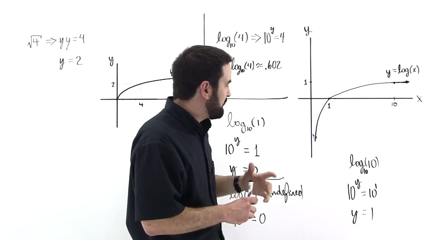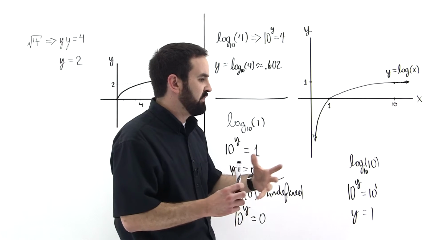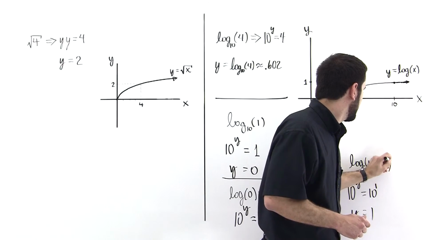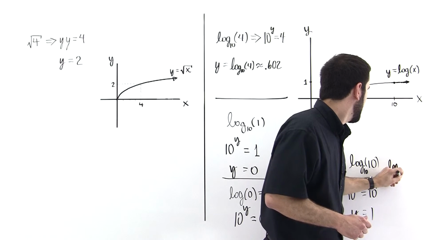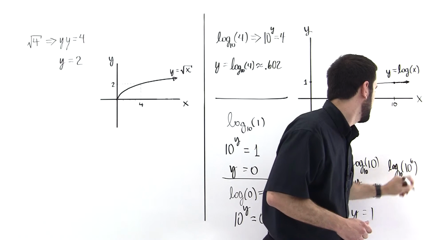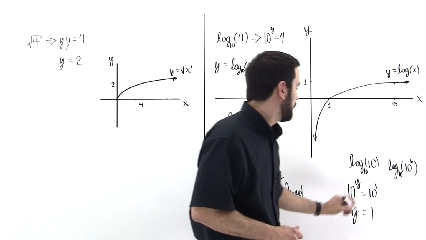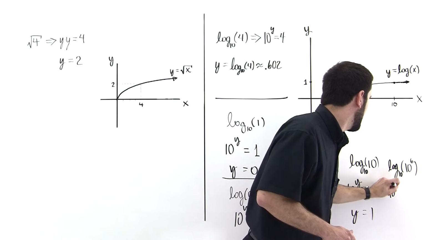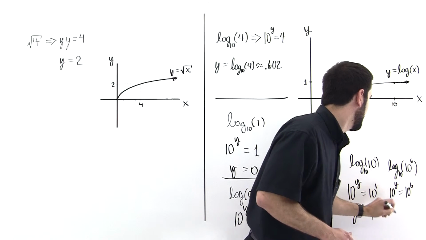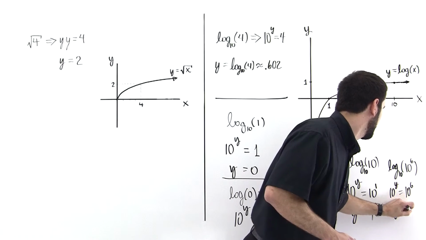And the reason the logarithmic function is so useful is, consider the log base 10 of a million, which is 10 to the 6. So what this is inferring is 10 to what power is equal to 10 to the 6? So y is equal to 6.